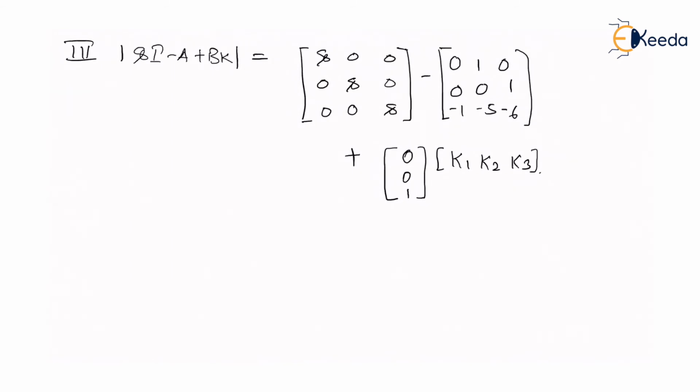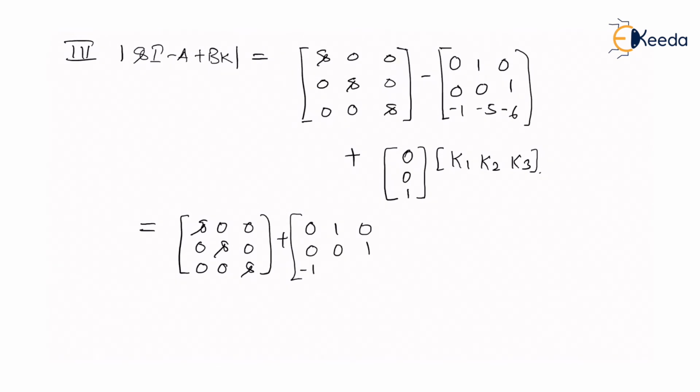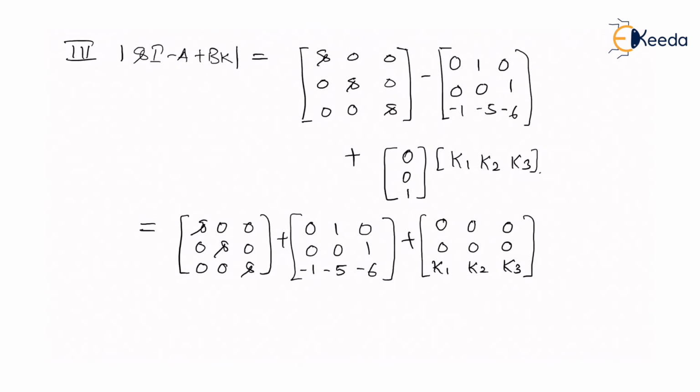Don't get confused. Now, next point, that is equal to the determinant of [s 0 0; 0 s 0; 0 0 s] minus [0 1 0; 0 0 1; -1 -5 -6] plus [0 0 0; 0 0 0; K1 K2 K3].